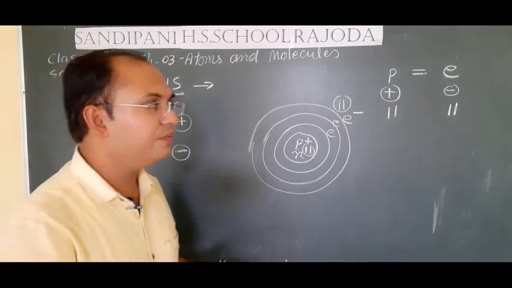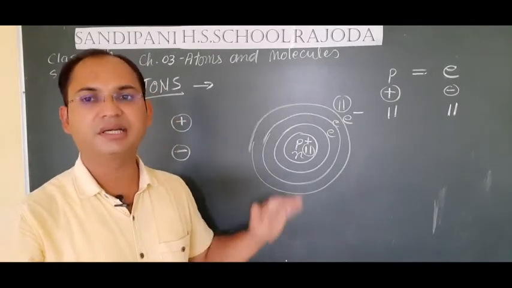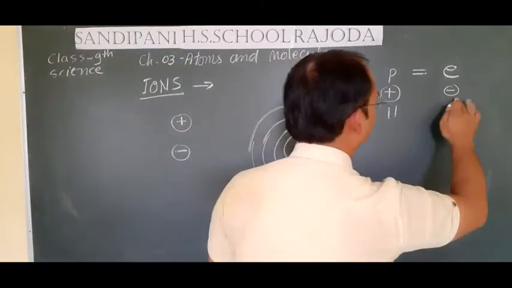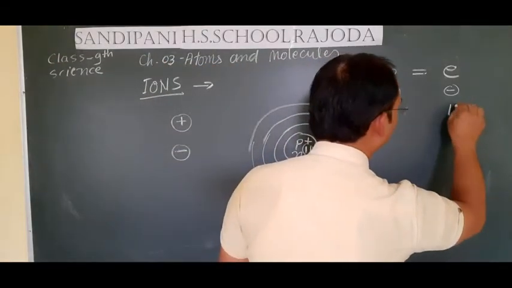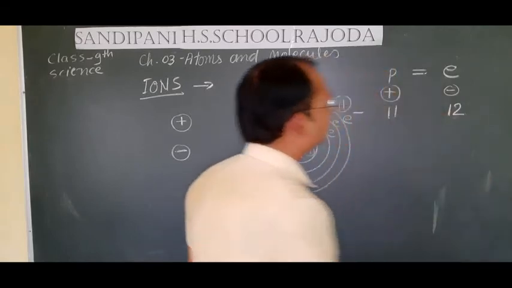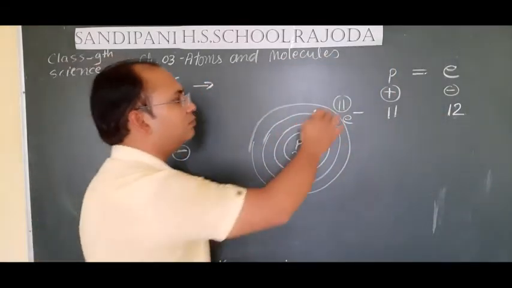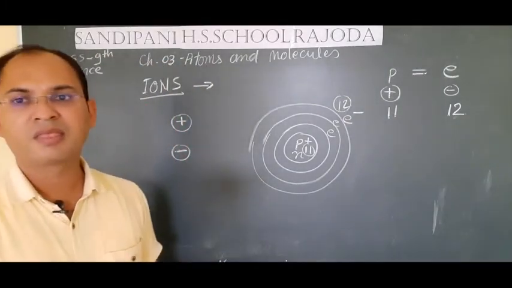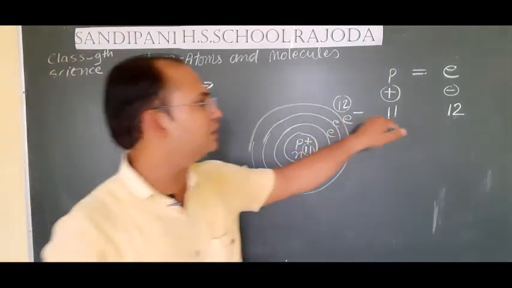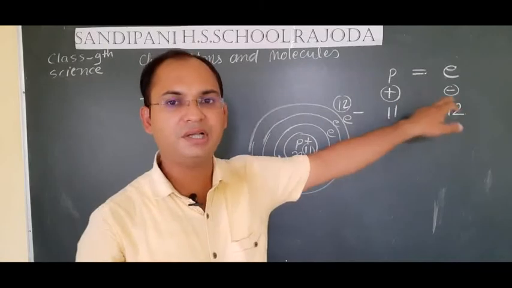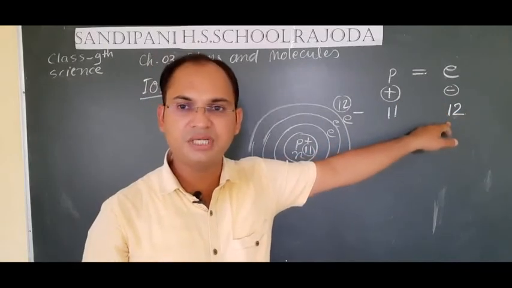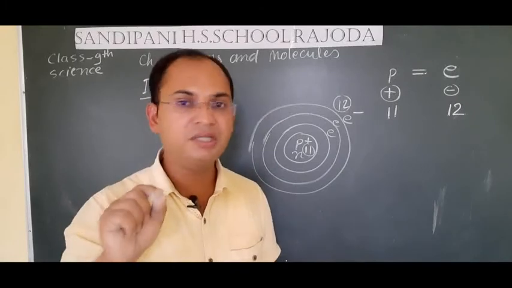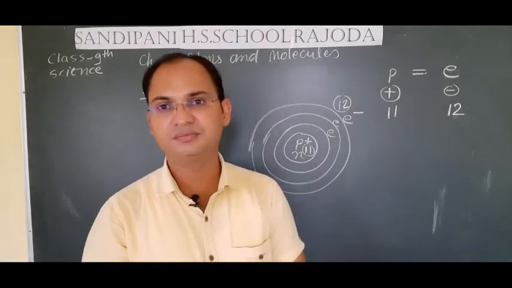Now if we add one more electron in this atom, by releasing energy, and the total number of electrons becomes 12, then we can see here that the 11 positive charges will cancel out the effect of 11 negative charges, but the resulting one negative charge will be there.